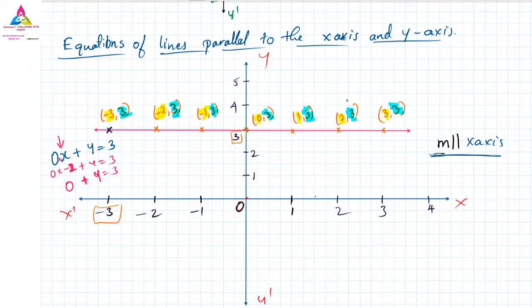Again, if x is 1, 1 into 0 is 0, 0 plus y equals y, that is equals 3. So every time, whatever value of x you substitute, the y value remains 3 only, because the x term is not there, since 0 is the coefficient. So the equation of this line is nothing but y equals 3.